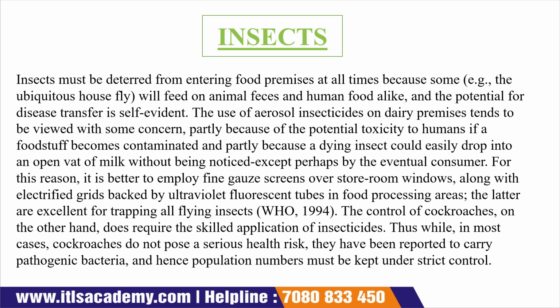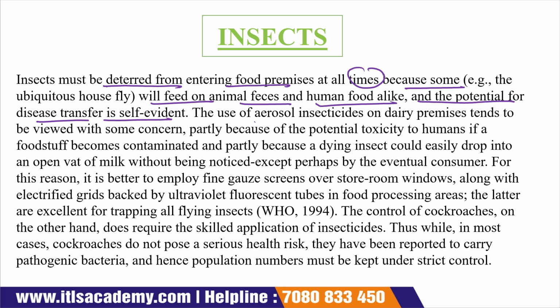Next is your insects. Insects must be deterred from entering a food premises at all times, because some will feed on animal feces and human food alike, and the potential for disease transfer is self-evident. Okay, so the entry of insects inside the food premises should be prohibited at all times, because these insects feed on animal feces, and sometimes the wastage of human food.